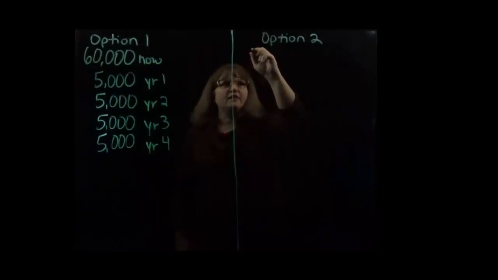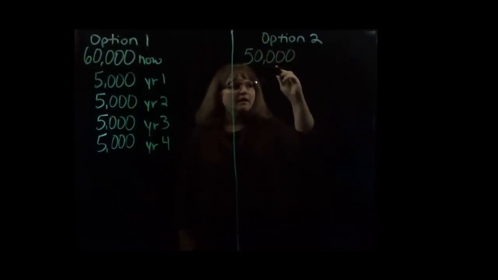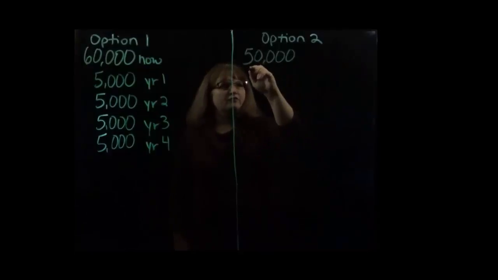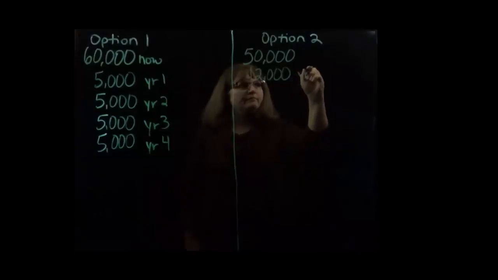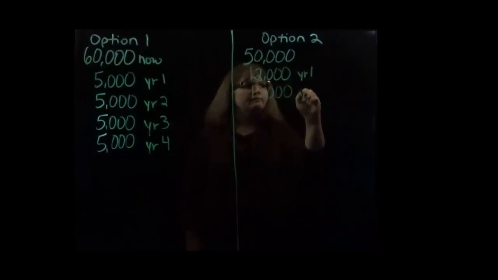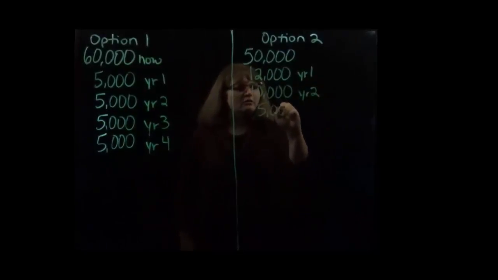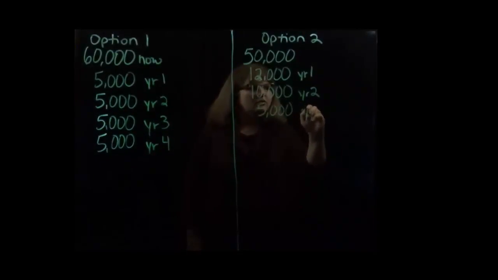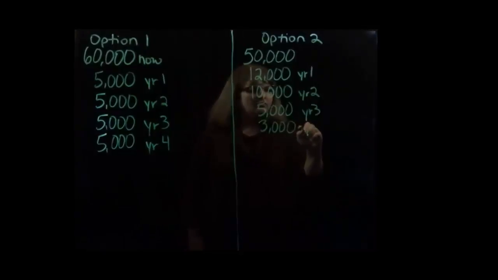Option 2 is to pay $50,000 today, and then to pay $12,000 a year from now, $10,000 2 years from now, $5,000 3 years from now, and then $3,000 4 years from now.